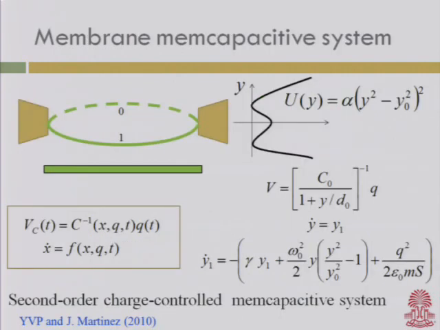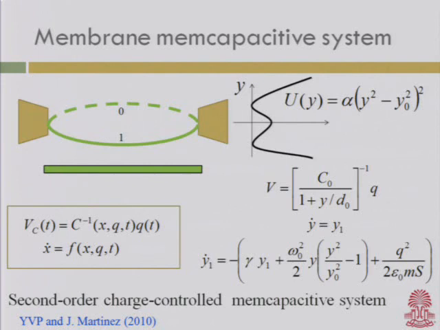However, this previous system is certainly not very useful because the relaxation time is pretty short. This is another example of a Mem-capacitive system, based on a flexible membrane, so it's another way to vary the separation.